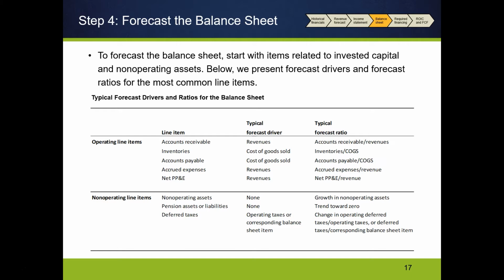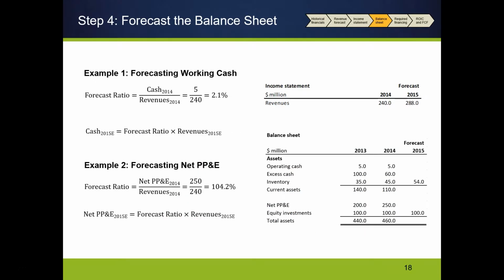But we're going to assume that those extraneous items trend towards zero. Deferred taxes here are going to be a function of the operating tax or the corresponding balance sheet item that generates those deferred taxes. And so we will do those as a function of that. It's a little more complicated forecasting that kind of thing, and we can talk about it in more detail if the need arises.